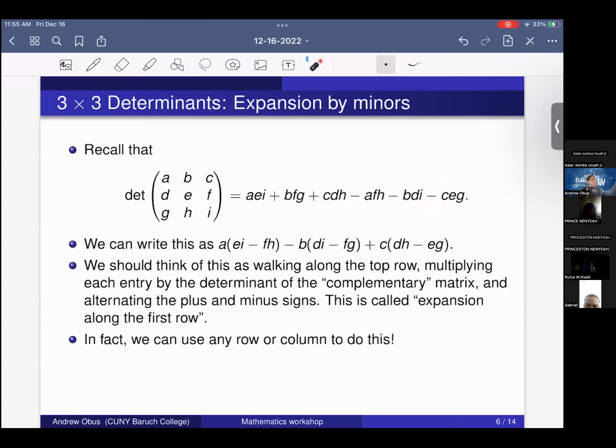But I'm going to write it in a different way that makes it a little easier to memorize. I can group this term and this term together. They both have A's in them, and write that as A times (EI minus FH).